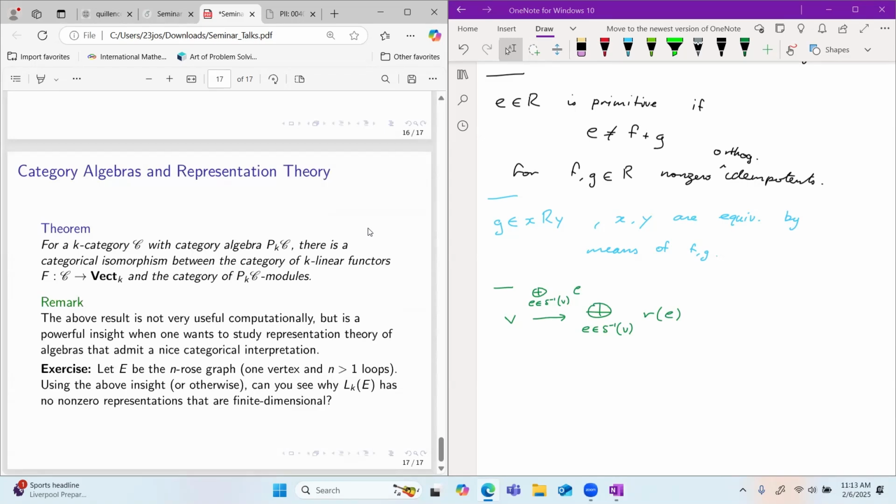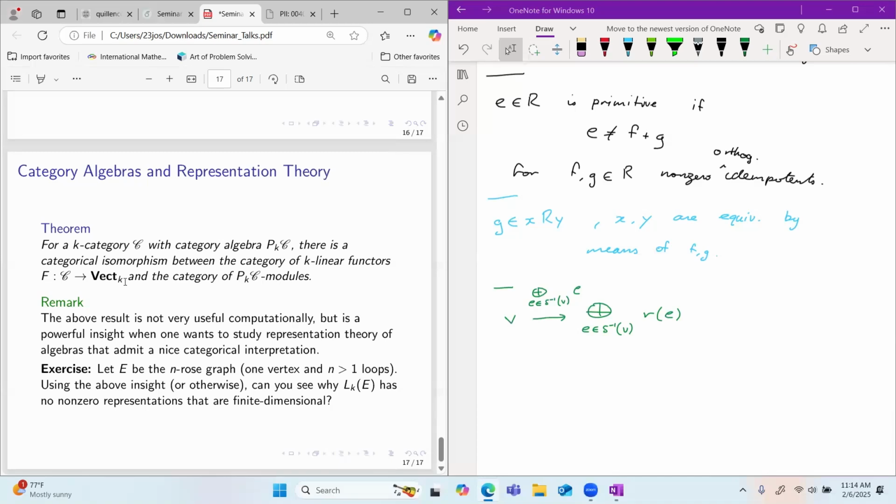And for the last little bit to finish us off, this is a formulation of Leavitt path algebras I quite like, and it's useful for representation theory. If you have a K category with a category algebra PKC, there's a categorical isomorphism between the category of K-linear functors from C to K vector spaces and the category of left PKC modules.